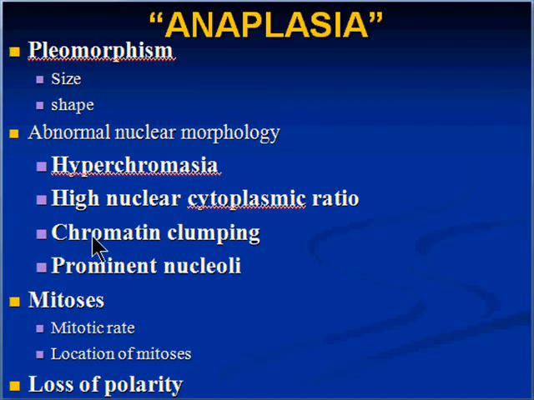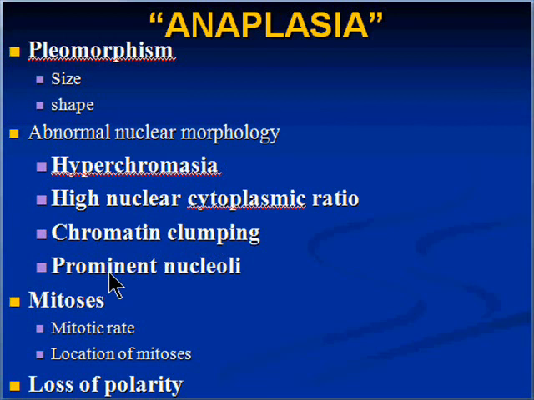And often the distribution of chromatin within the nucleus is not as uniform in a malignant cell as in a normal cell. So often they'll talk about chromatin clumping or non-homogeneity of the hematoxylin in the enlarged nucleus.